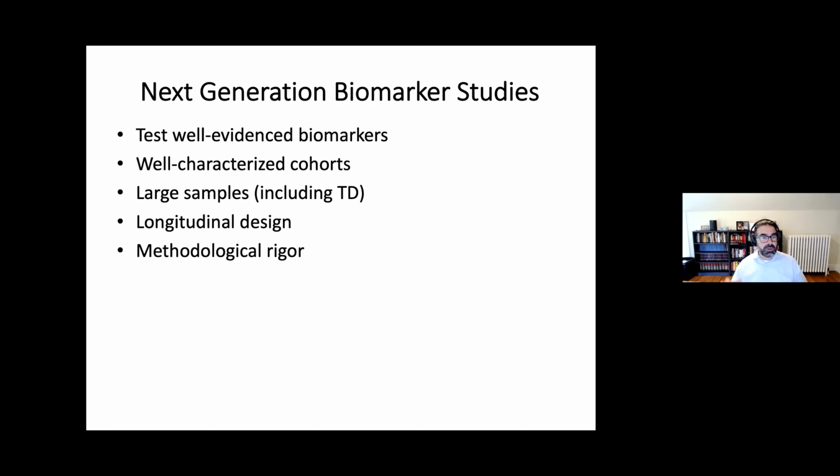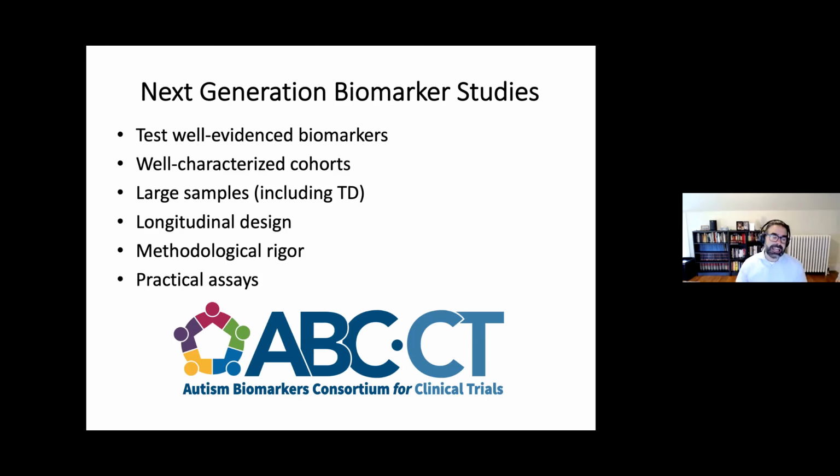And we'd want to do it methodologically tight so that we're not worrying about whether different EEG systems or different stimuli are confounding our results. And we'd want to do it with practical assays so that if what we learn is useful, it could be rolled out potentially. And these are all the considerations that led to the genesis of the ABCCT, the Autism Biomarkers Consortium for Clinical Trials.